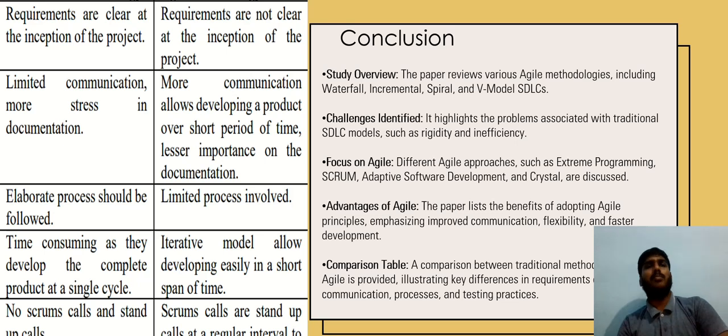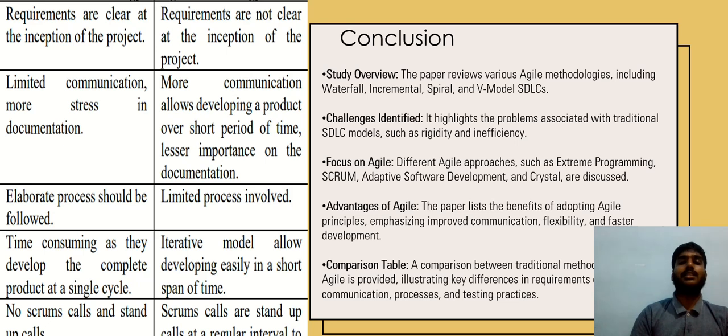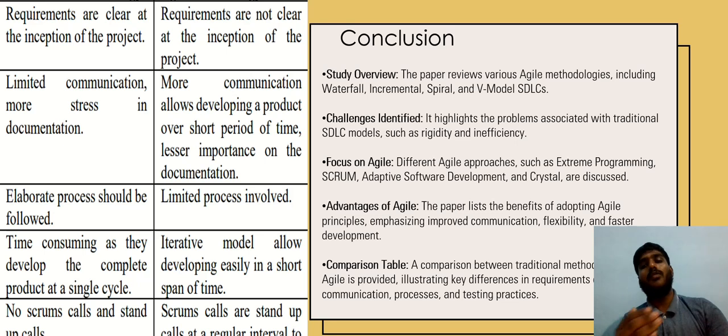Whatever problems are associated with these models have been discussed, right? So problems associated with the traditional SDLC models, such as rigidity and inefficiency. Then advantages of agile: the paper lists the benefits of adopting agile principles, emphasizing improved communication, flexibility, and faster development.